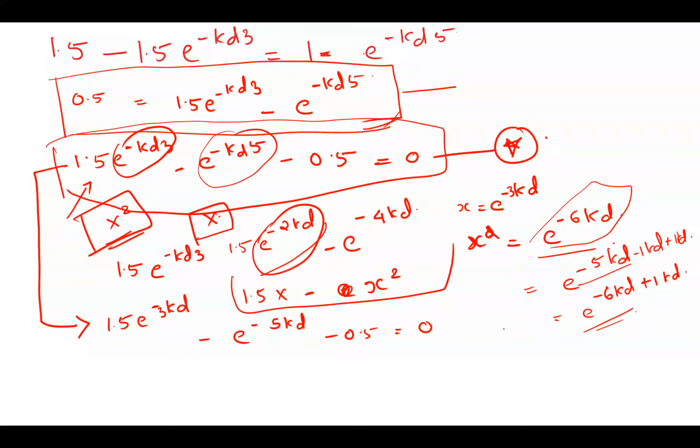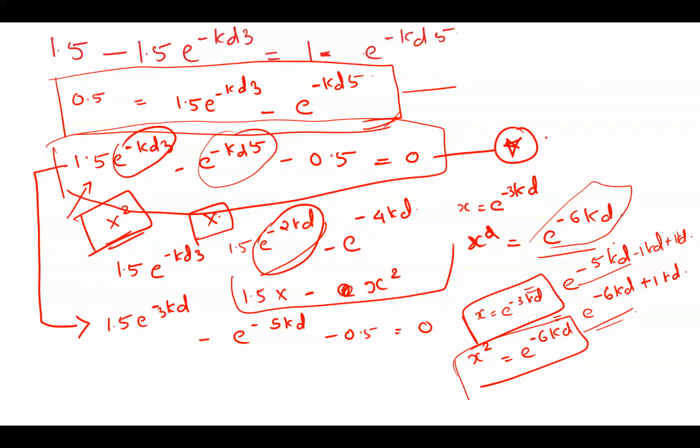But that part, if we consider x equal to e raised to minus 3 kd, then when we do x square, e raised to minus 6 kd should come, right? So how does our assumption become right? Actually, I'm solving this question now only.